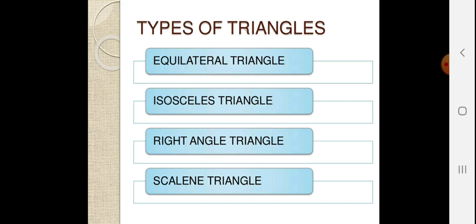A triangle with two sides similar is known as an isosceles triangle. A triangle with one of the angles 90 degrees and a given hypotenuse is known as a right angle triangle. In a scalene triangle, none of the sides are similar, or you can say all three sides measure different.